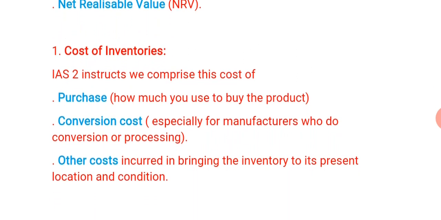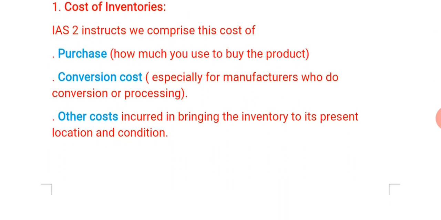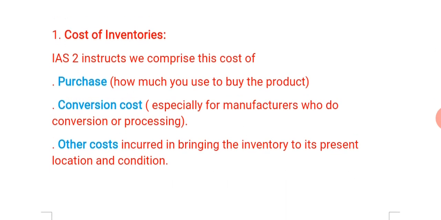Then also conversion cost. If I'm to process the shirt into something else or add some features to it, then I would add the cost to my new inventory, since I'm no longer selling a regular shirt but a rebranded one. Then also other costs incurred in bringing the inventory to its present location and condition.